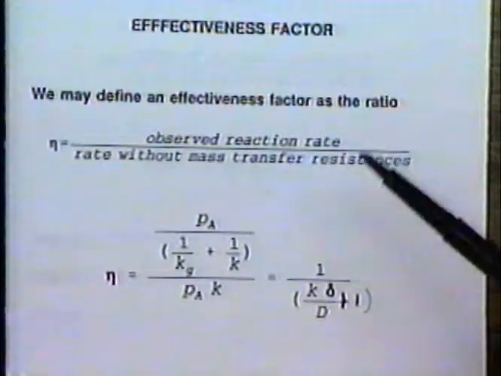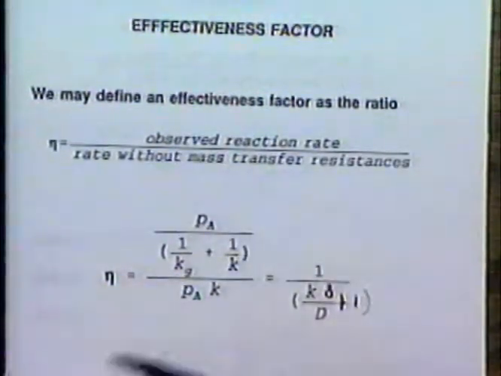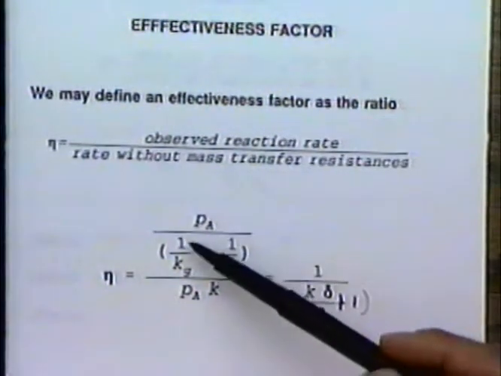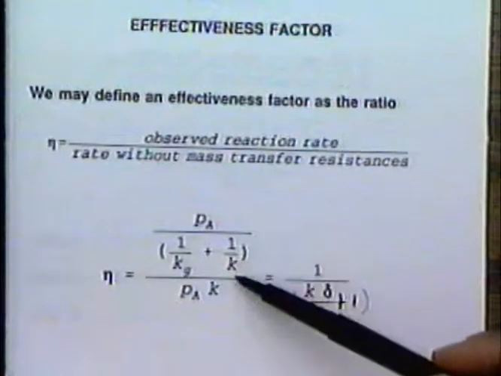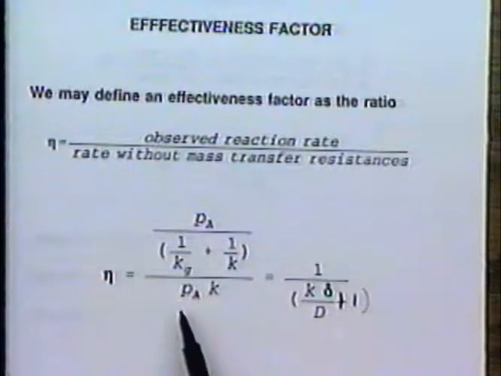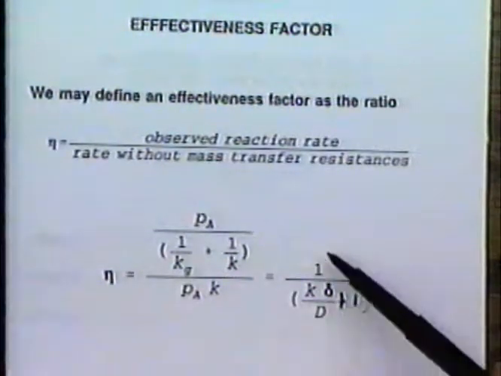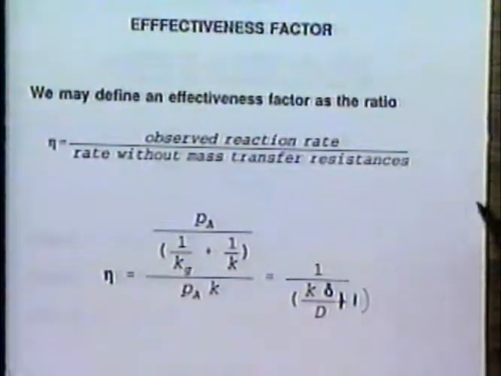So we can write the observed reaction rate, as we did before, as PA divided by 1 over kg plus 1 over k, and this whole thing divided by the rate that we would observe if there were no mass transfer resistances, PA times a constant k.